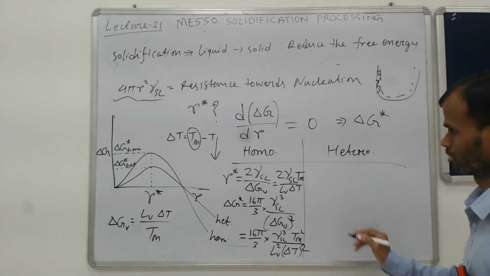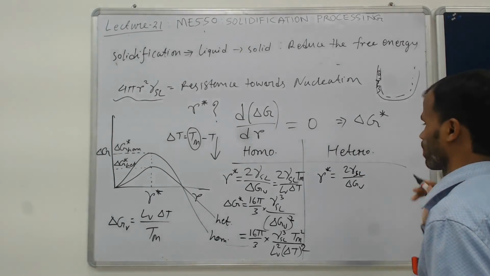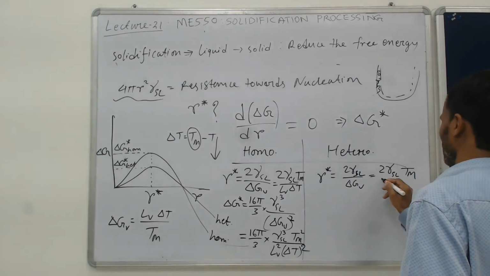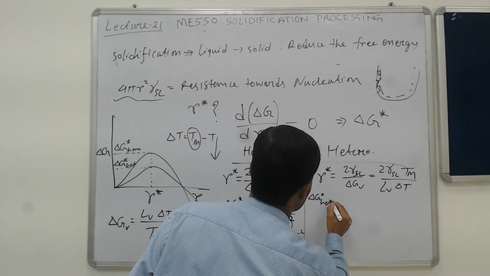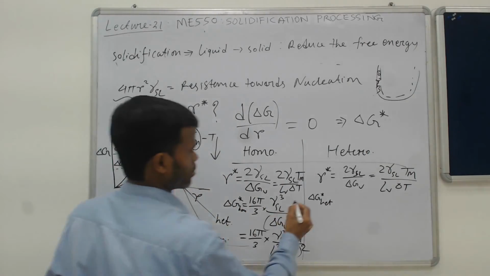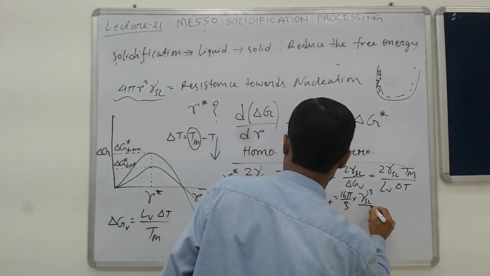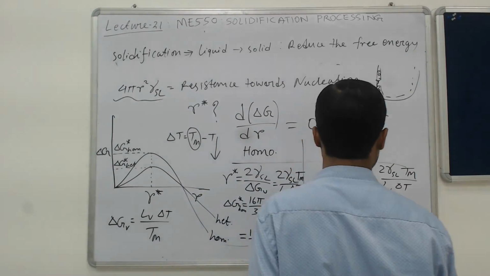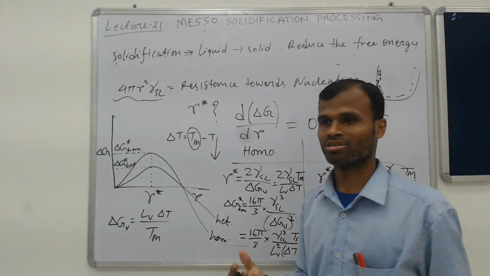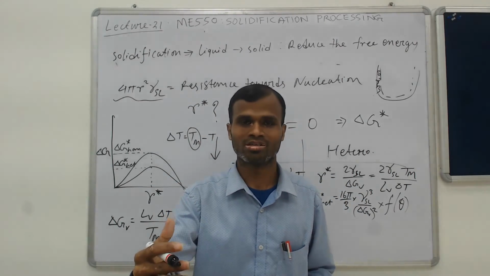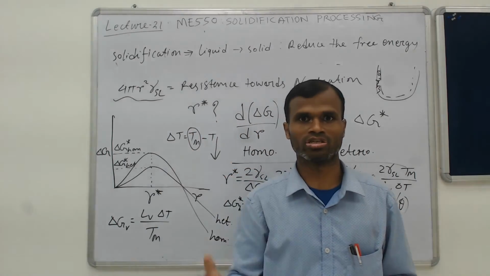Now for heterogeneous nucleation, the value of R star remains almost the same, 2 gamma SL by delta GV, that is 2 gamma SL by Tm by LV delta T. However, for heterogeneous nucleation, delta G star heterogeneous is almost similar to homogeneous, gamma SL cube by delta GV square, but there is a weighting factor, because we have already said that in the presence of some nucleation site, we consider a mold or a substrate over which the nucleation happens.